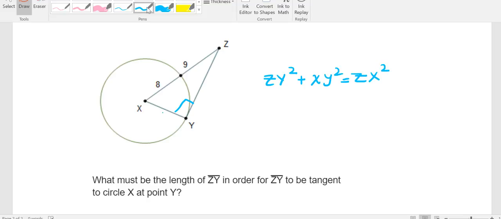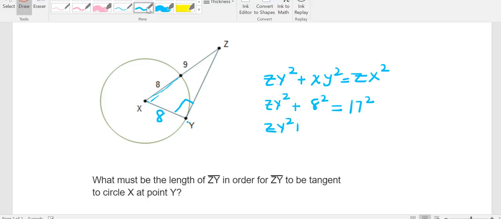What we do know is that the length from X to Y is 8, because this distance is 8, and those are both radii within the circle, so they're both equal to 8. We do not know ZY, so ZY squared plus 8 squared is equal to ZX squared, which is this entire length here, 17 squared.